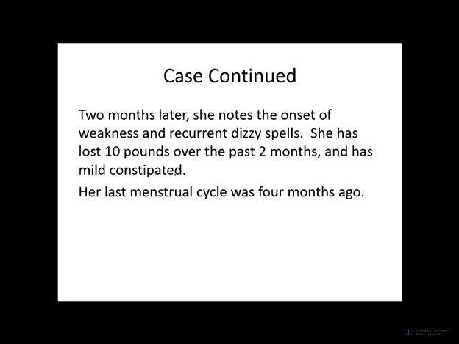And she's lost 10 pounds over the past 2 months. Then the doctor takes a more careful history, and it looks like she may have actually hit menopause about 4 months ago. So she's presenting again with symptoms of anemia, but she hasn't had a menstrual cycle in 4 months.